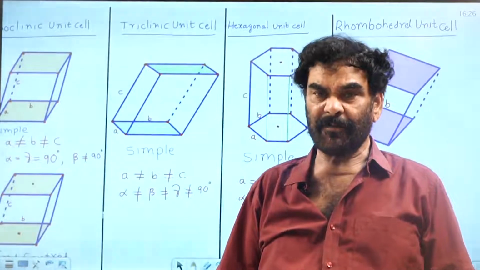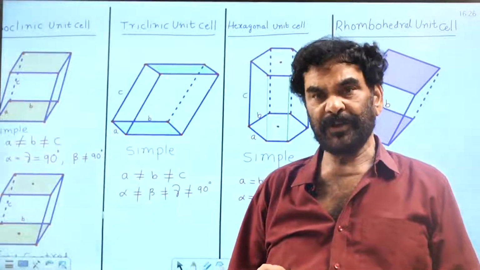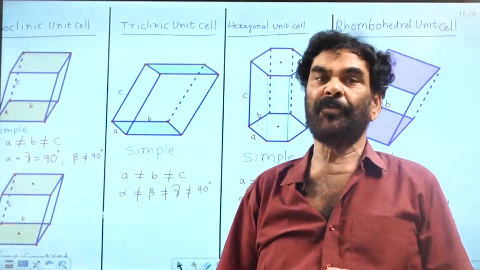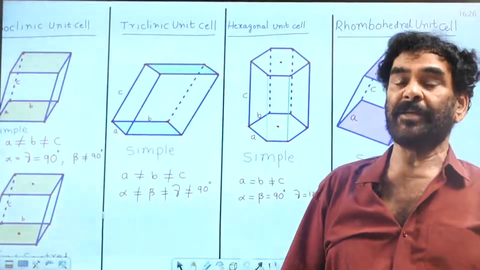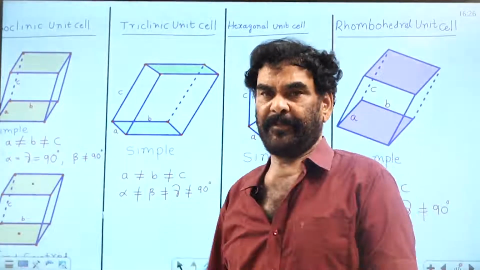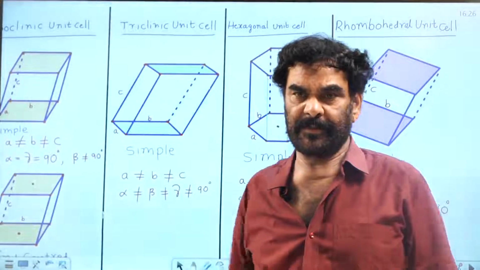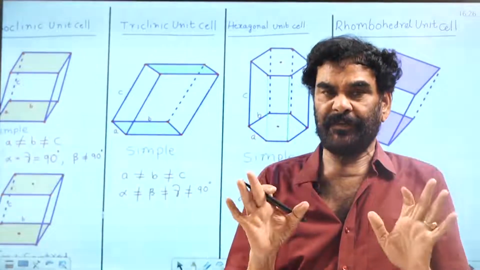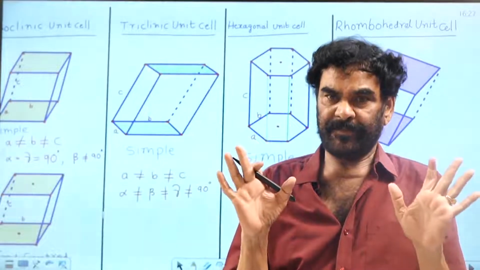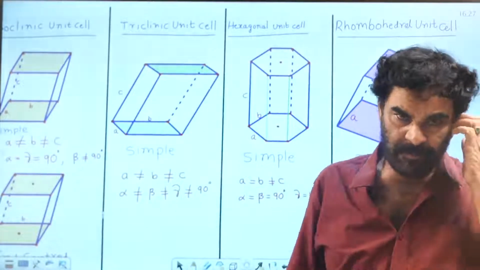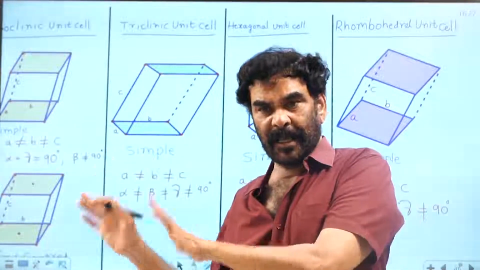All the crystals are formed due to the combination of these 14 unit cells, which are known as the Bravais unit cells. So this is the classification of the unit cells based on lattice points and cell parameters.